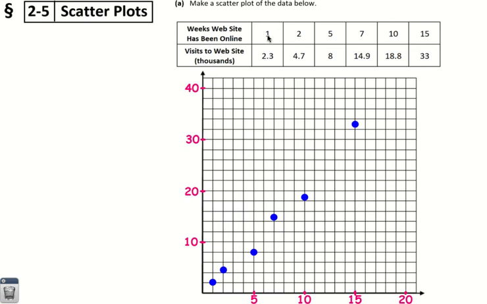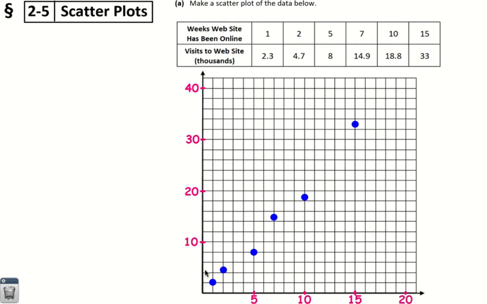So 1, 2.3, because down here we're going by ones. This is 1 week, so down here are the weeks: 1 week, 2 weeks, 3 weeks, 4 weeks, 5 weeks. And along this upper vertical axis would be the number of visits. It looks like this is making jumps of 2,000.